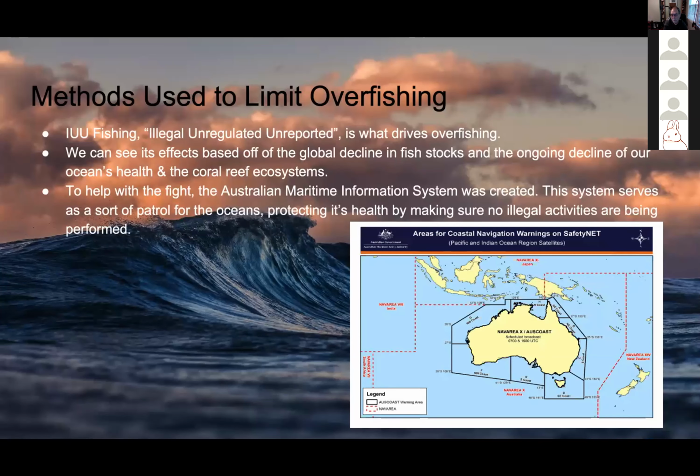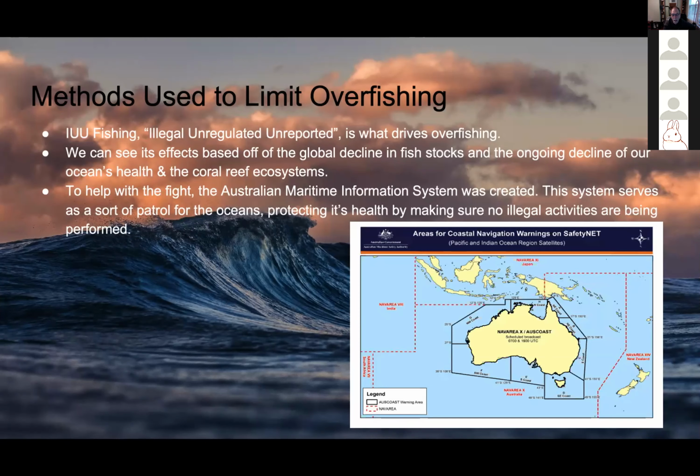In the picture I uploaded, you could see a sort of map of where the Australian Maritime Information System patrols its waters and combats overfishing.